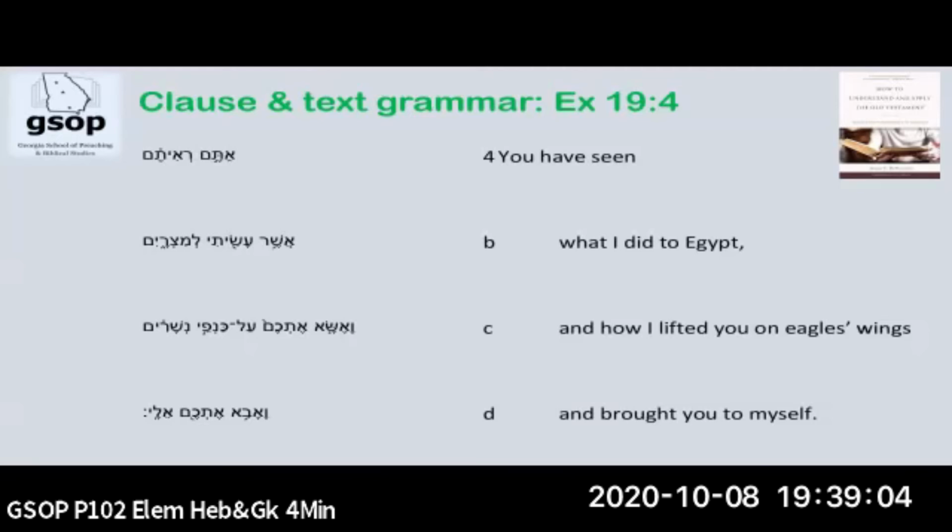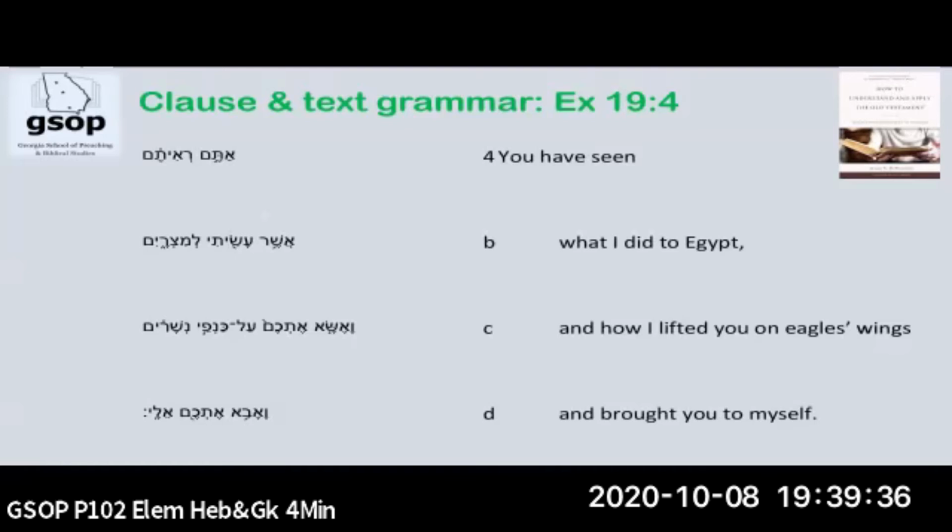And so you start with this text in verse 4. You have seen what I did to Egypt and how I lifted you on eagle's wings and brought you to myself. And so we start with the hierarchy where the main clause is you have seen. So that's the clause, you have seen. Well, what have you seen? Well, that's what the relative clause in 4b tells us, beginning with the Hebrew word asher, meaning what or which or who.